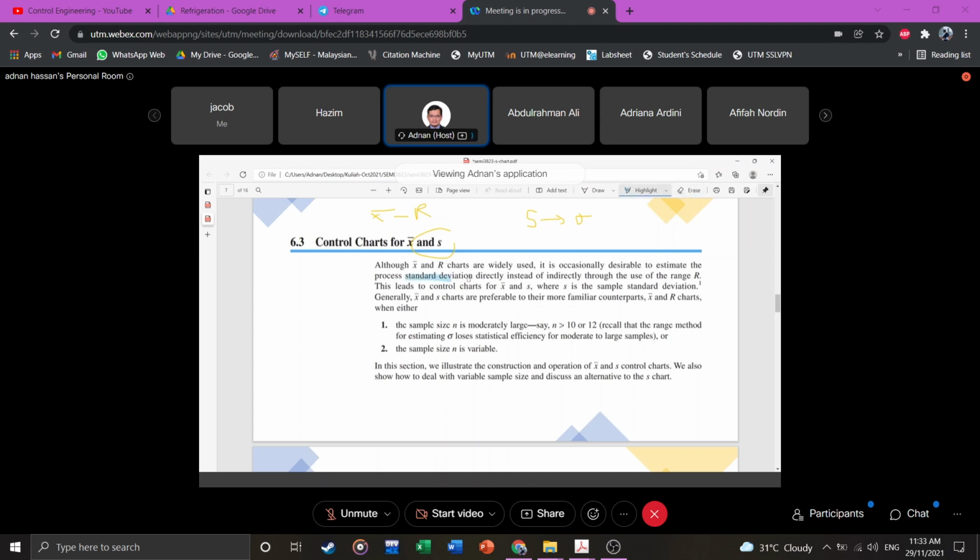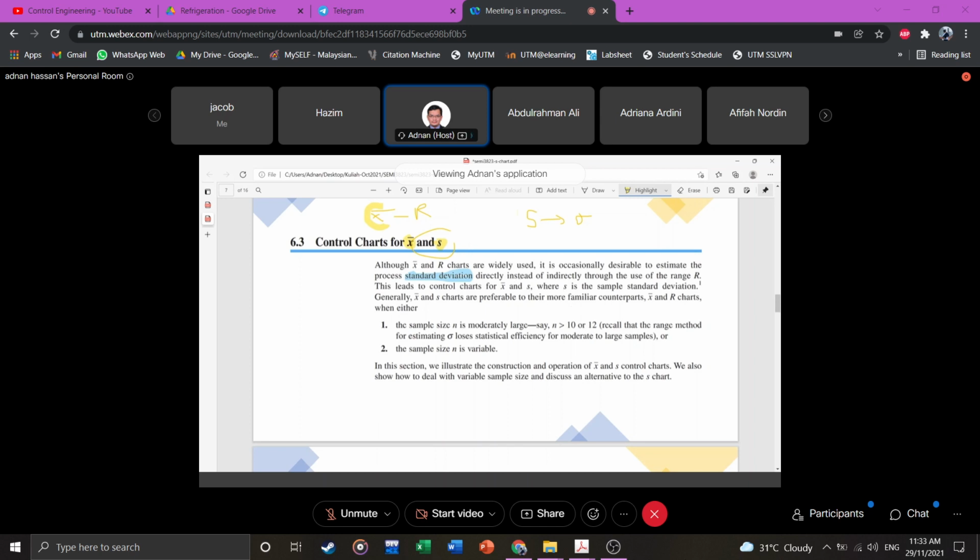So we couple the X bar and standard deviation chart instead of X bar and R. R is range, the range chart.